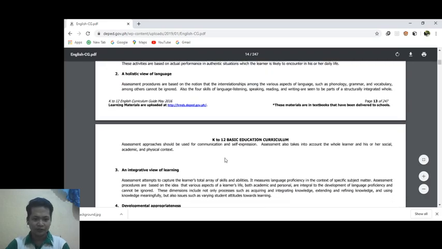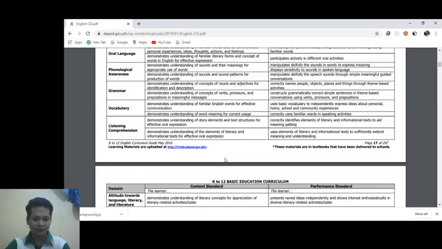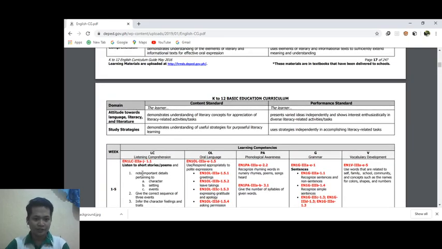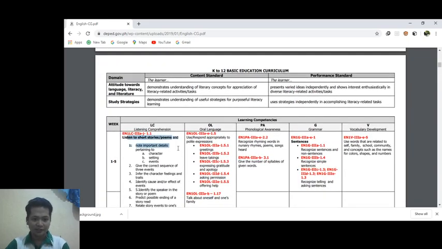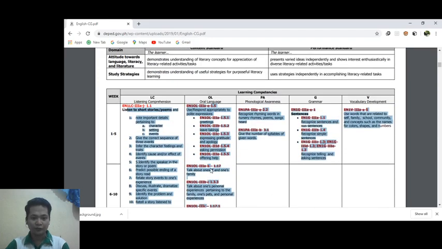The others will just be presented. We have also here this one, but we will study this when we are going to select a topic and a strategy and write a lesson plan. We will use this as the guide.